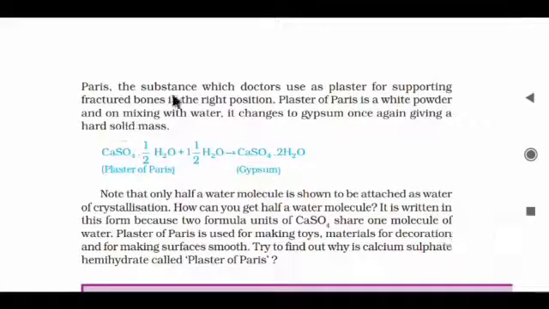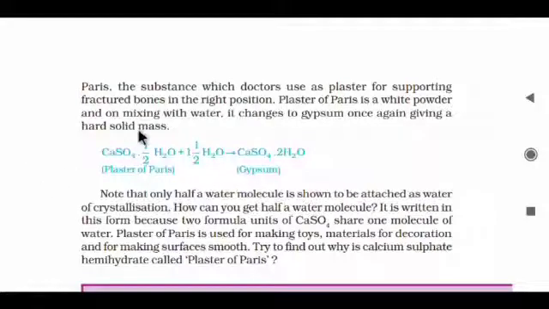The substance doctors use is plaster, for supporting fractured bones in the right position. Plaster of Paris is a white powder, and on mixing with water it changes to gypsum once again, giving a hard solid mass.